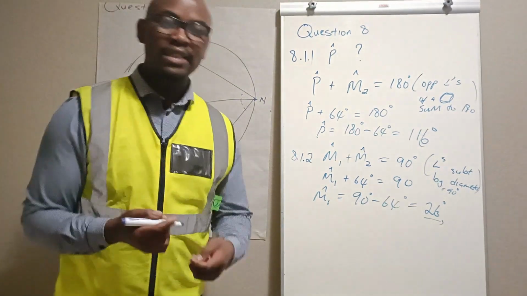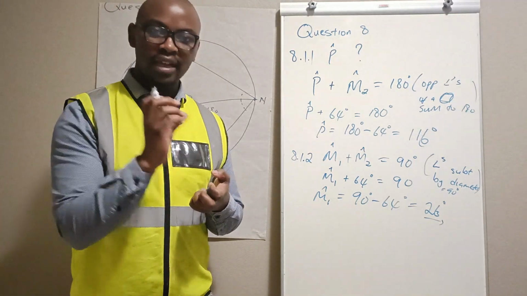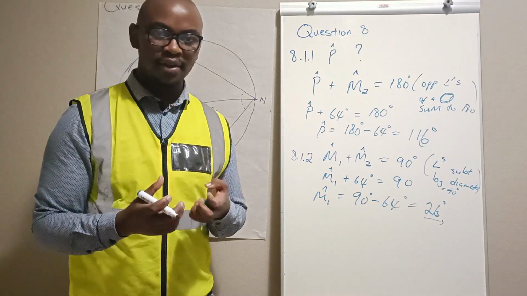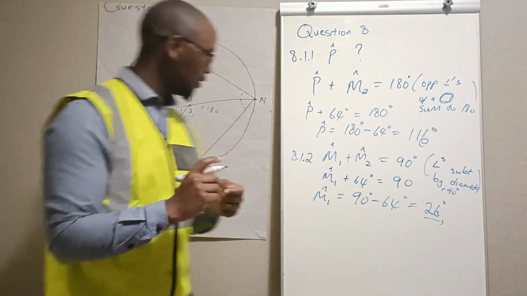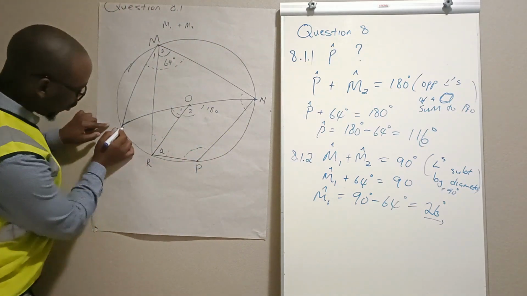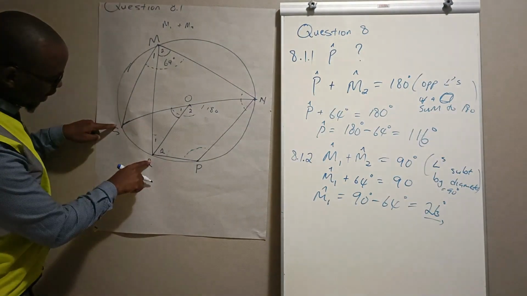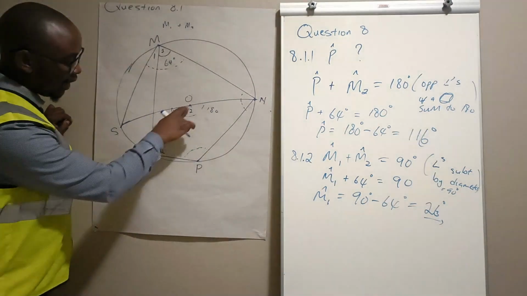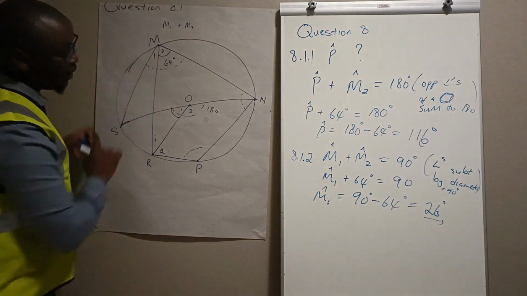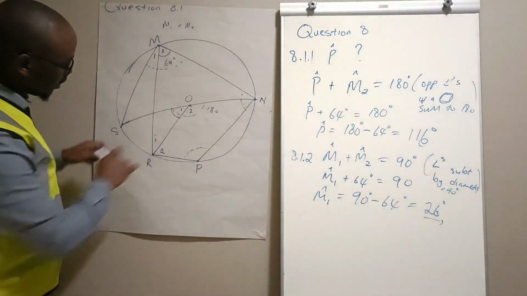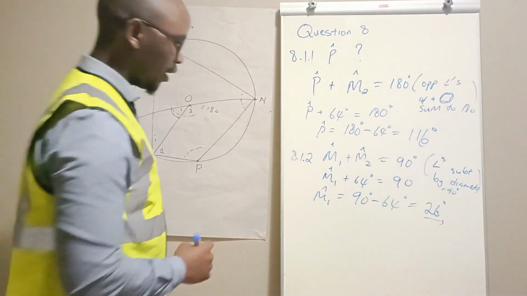One thing that I've seen that tricks many people is to always associate that theorem with a chord, but that's not the case. It doesn't have to be a chord being drawn here. It can literally be that arc. Arc SR is subtending this angle at the center, which is O1, and that same arc is subtending this angle M1. And O1 should be twice the angle at the circumference, which is M1.